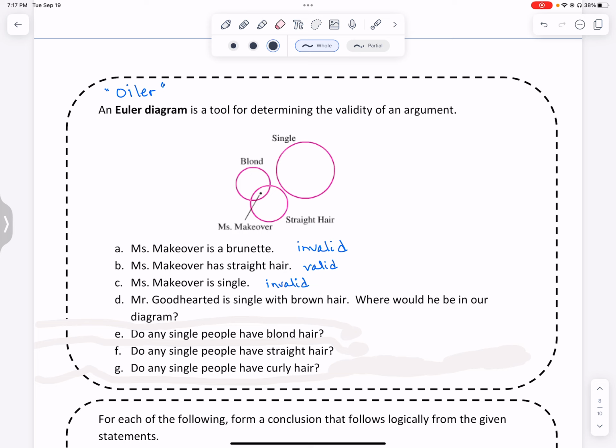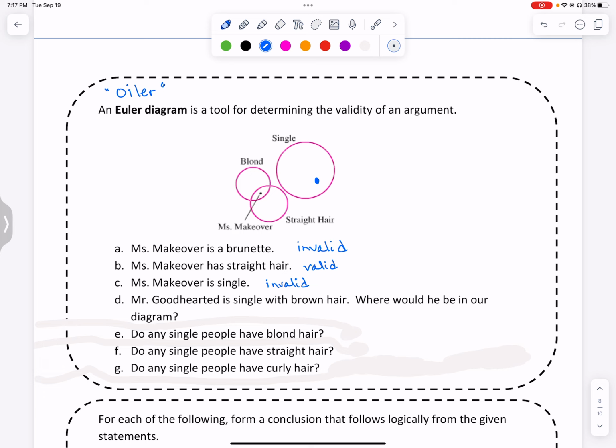Mr. Goodhearted is single with brown hair. Where would he be in our diagram? Single with brown hair. Well, in here is the single. So somewhere in here, we don't know about the brown hair part, but we know that he's going to be inside the single circle.